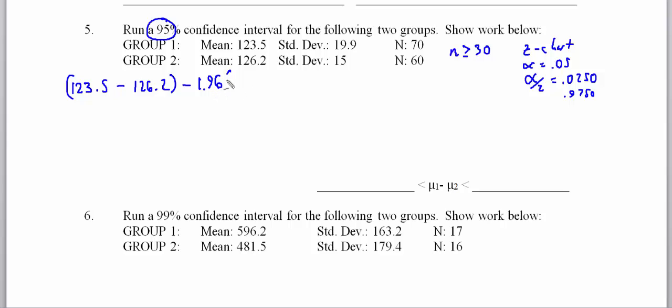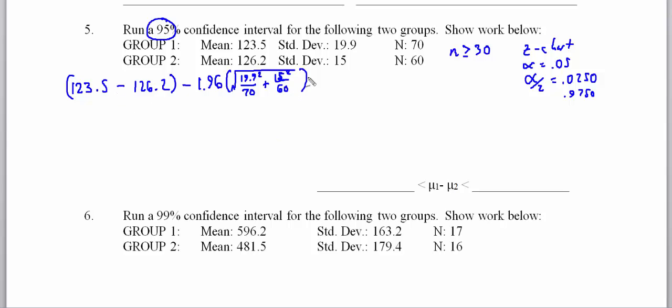And then I would multiply this by, again from the formula, my 19.9 squared divided by the sample size, which is 70, plus 15 squared divided by 60.